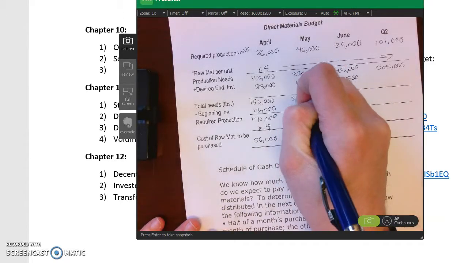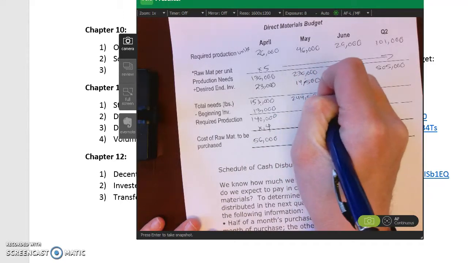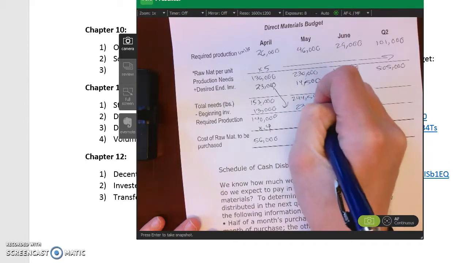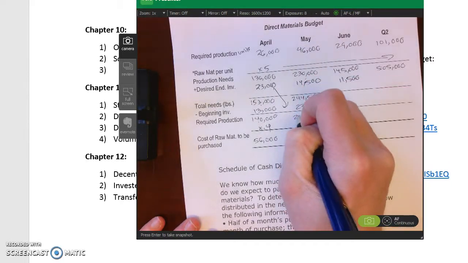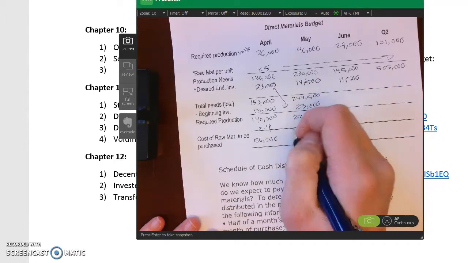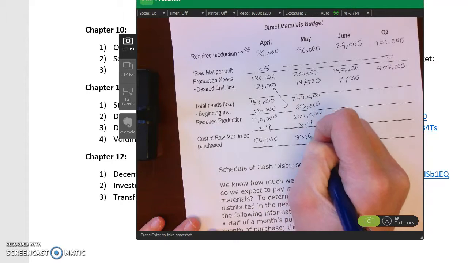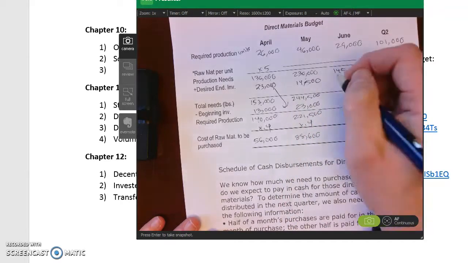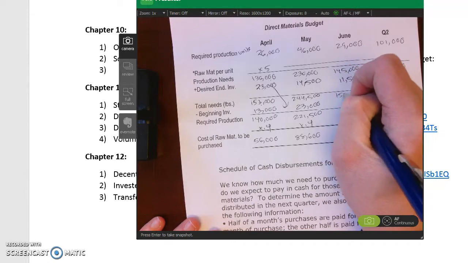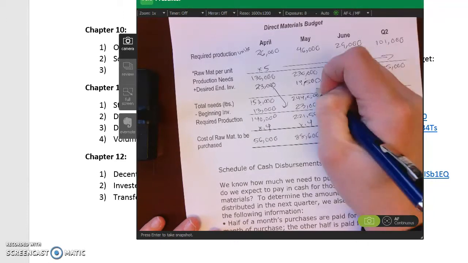I add down here, I get my 244,500. And just like before, the ending becomes beginning, 23,000. 221,500 times the 0.4 gives me my 88,600. And then I can add down over here. I get my 156,500. That's my total needs in pounds.